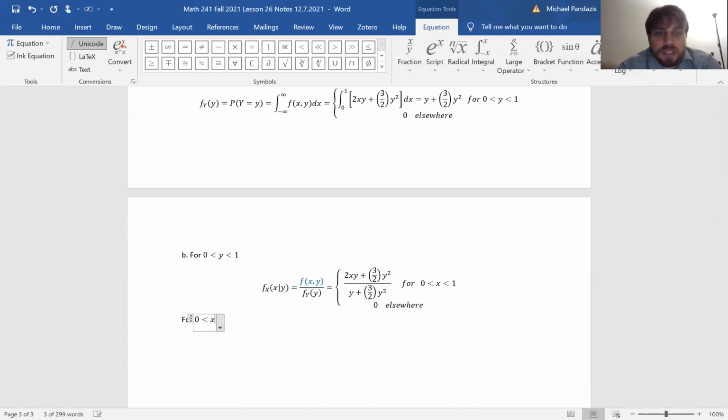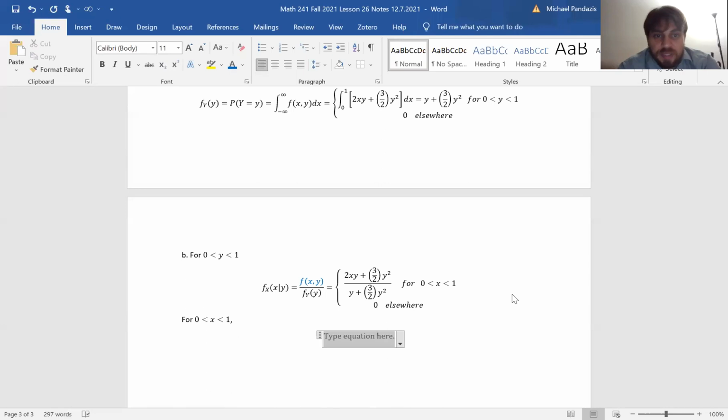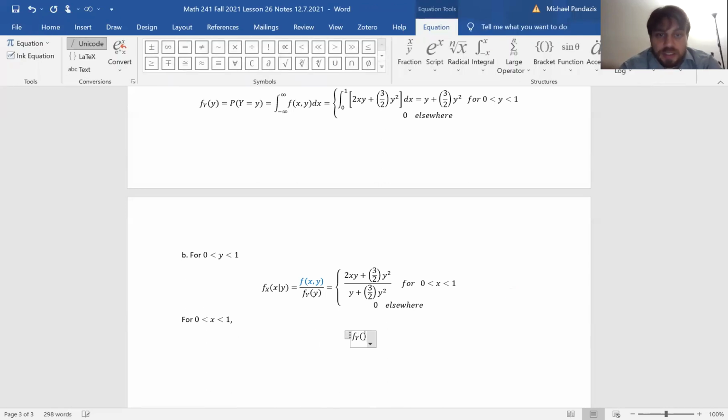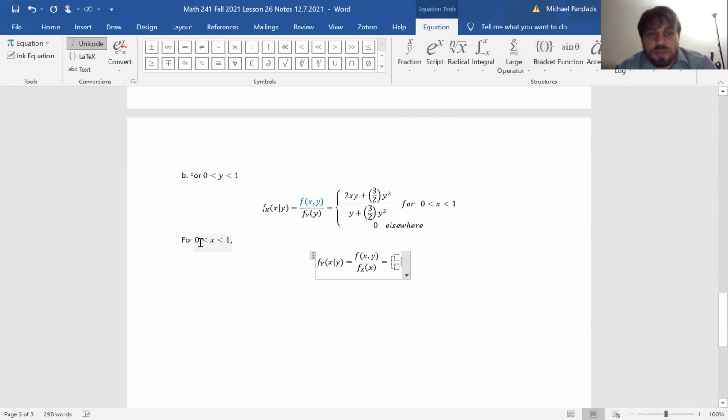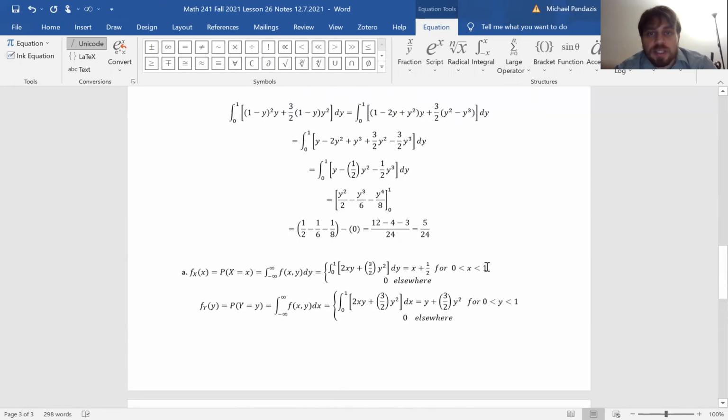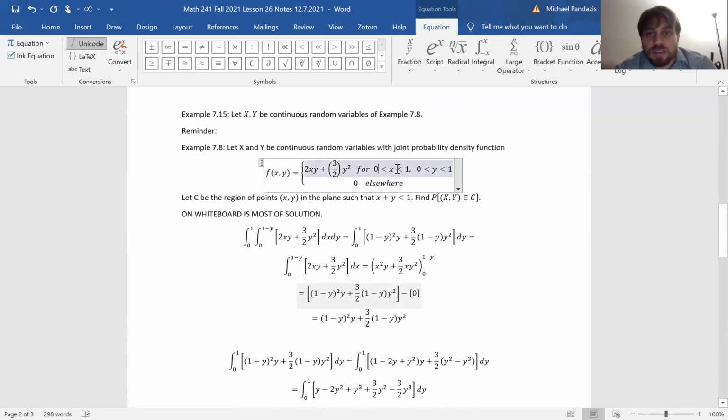For 0 less than x less than 1, if you take f sub y given x of y given x, then this is equal to f of x comma y divided by f sub x of x. And again, there's two possibilities. If you fix x between 0 and 1, then you need to consider only y values between 0 and 1 in order for this PDF to be non-zero.